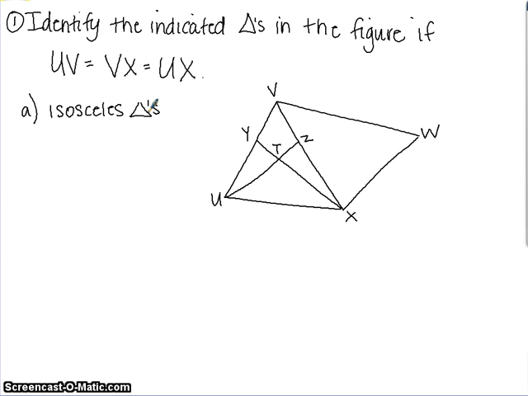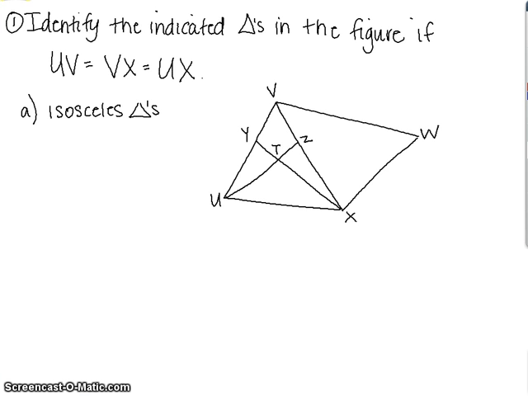Okay, now remember, isosceles means that at least two sides are congruent. So technically, equilateral triangles are also considered isosceles. All right, so let's mark what we're given here. We were given that UV right here, this first red one, and VX right here, and UX right here are equal.